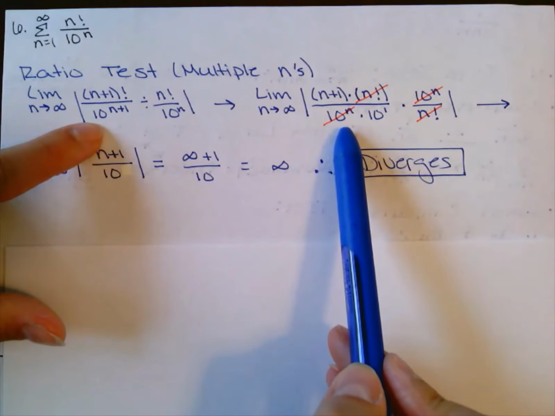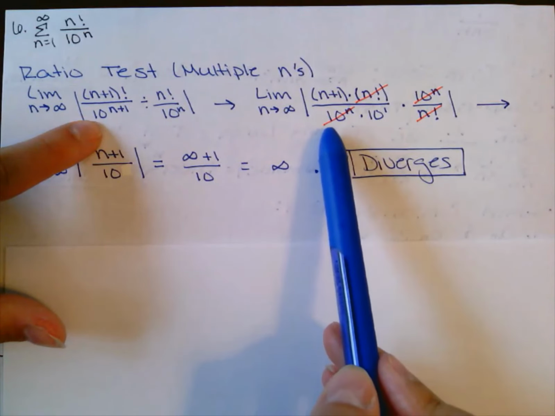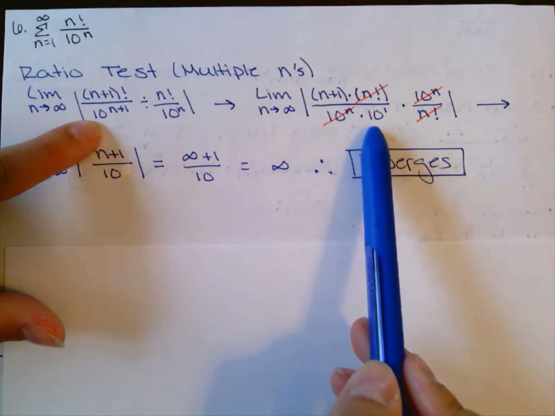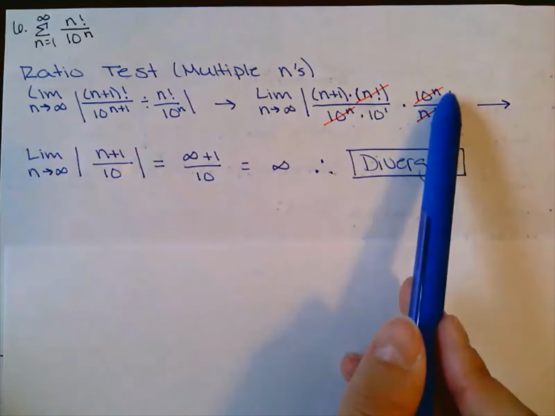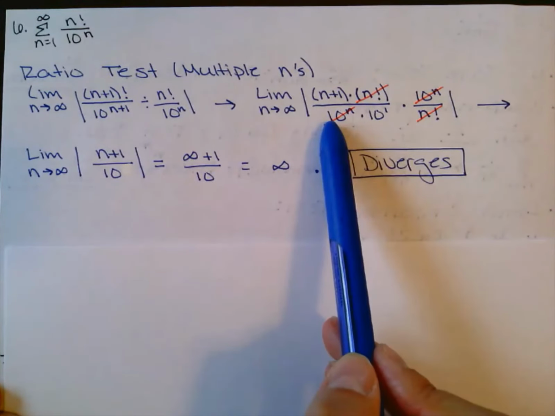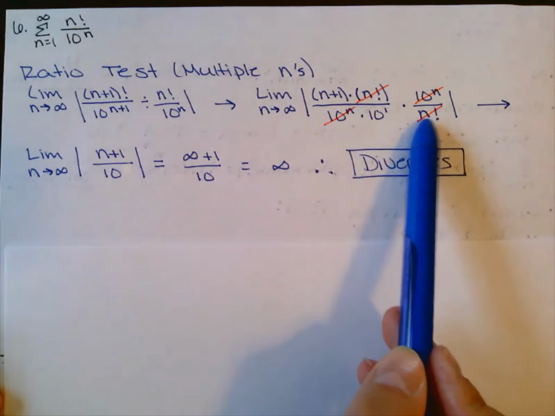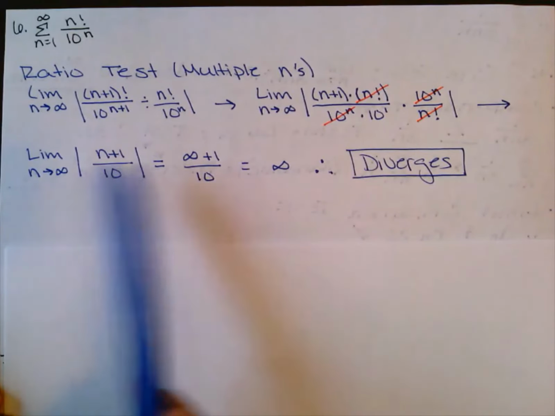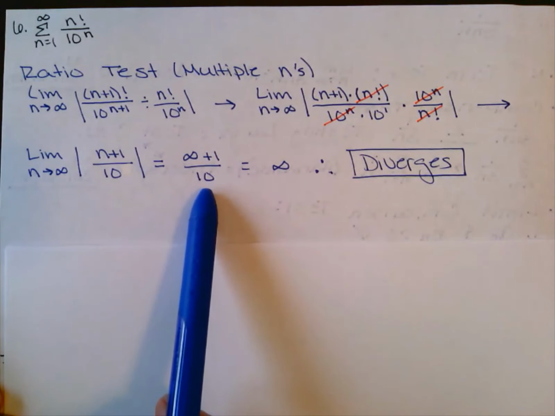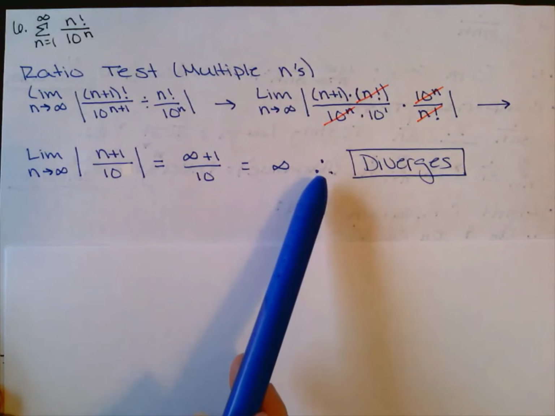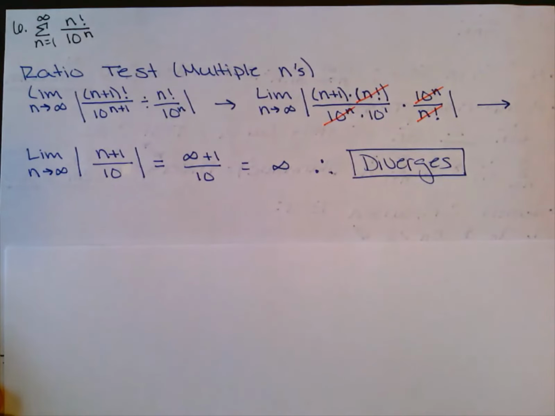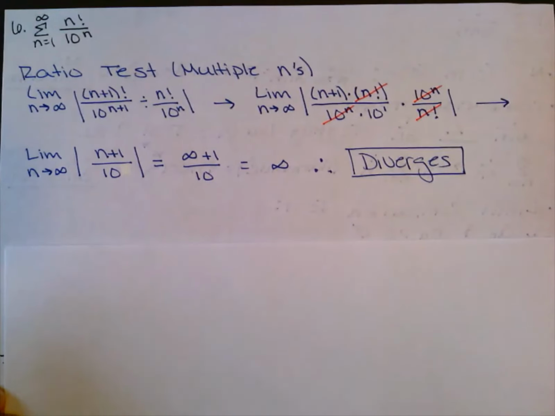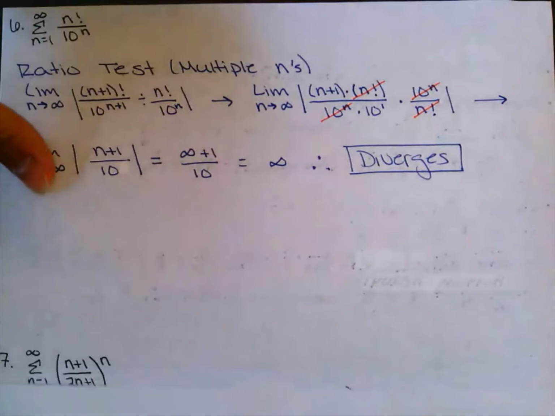And the denominator, I can split that as 10 raised to n times 10 raised to 1. At that point, I clean out my 10 raised to n's and my n factorials. I rewrite what I'm left with to finish my limit to infinity. I get infinity plus 1/10, which is infinity. Therefore, it diverges.